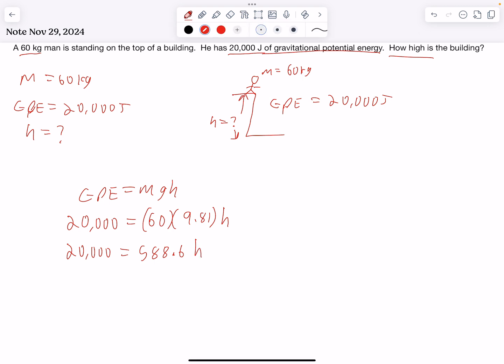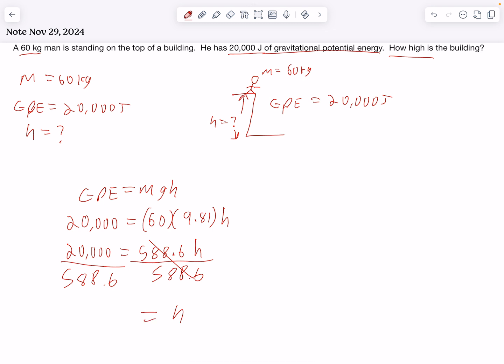Then I'm going to divide both sides by 588.6, and I'll get h is equal to, let me put it in the calculator, 33.98 meters. And that's my answer for gravitational potential energy.